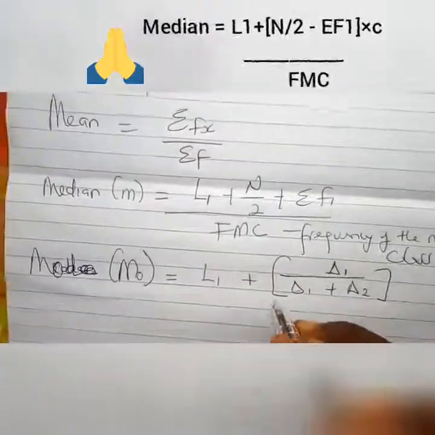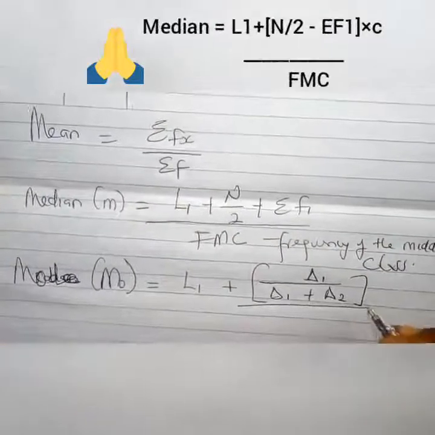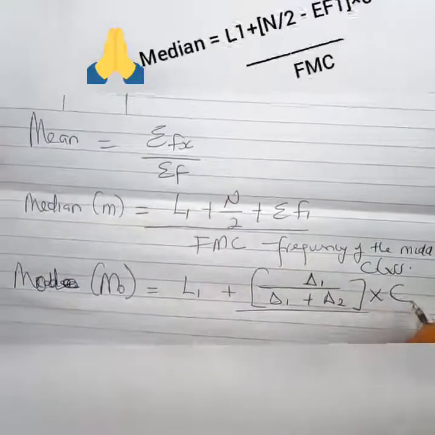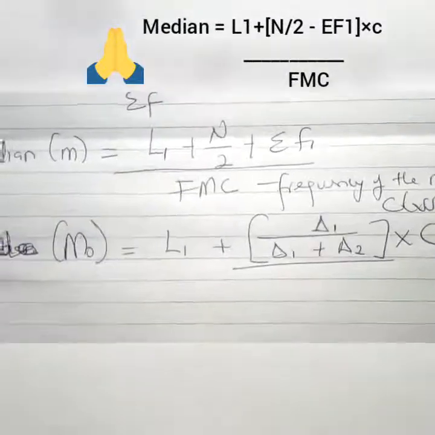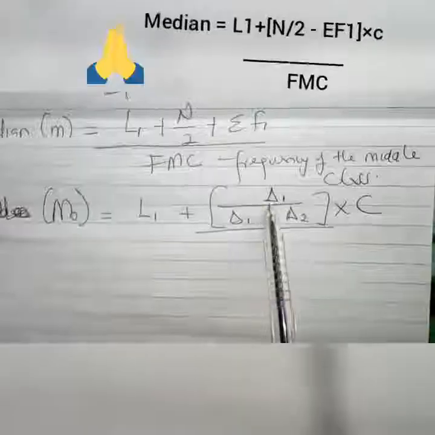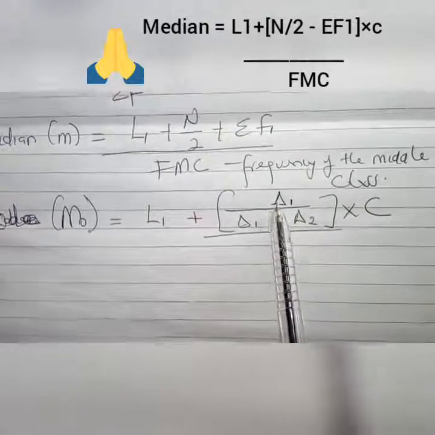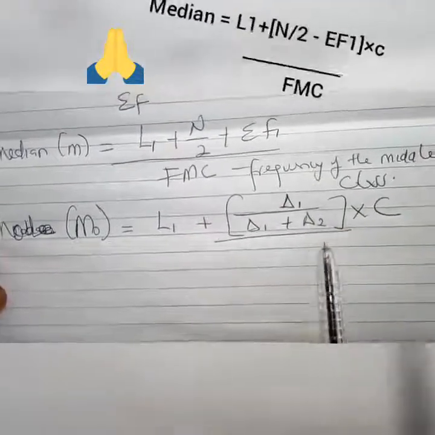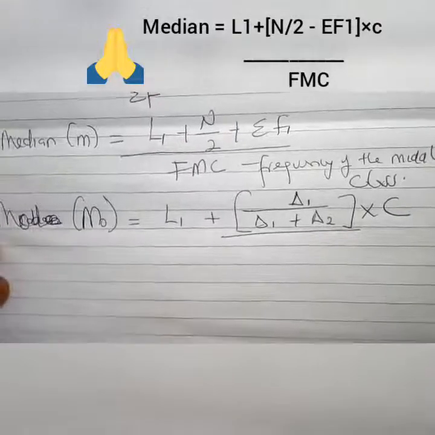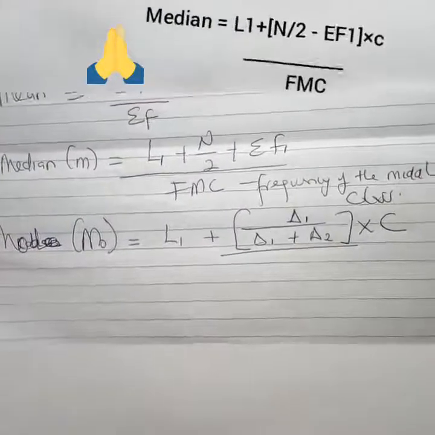You understand? Divided by, no, times C, which is the class interval. So you can also call this the first change, D1, over D1 plus D2. I hope you get that. So these are the formulas we'll be making use of.